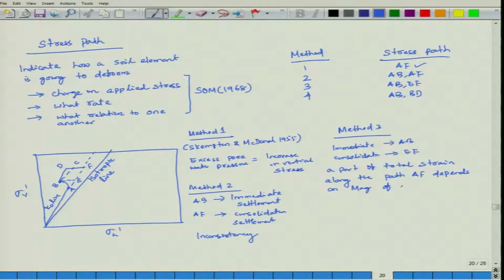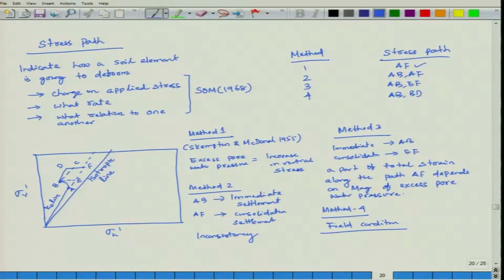Then method 4 is your field conditions. There is a continuity in field conditions.